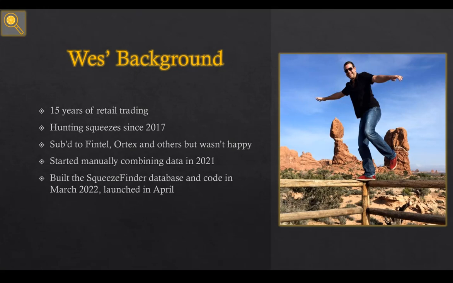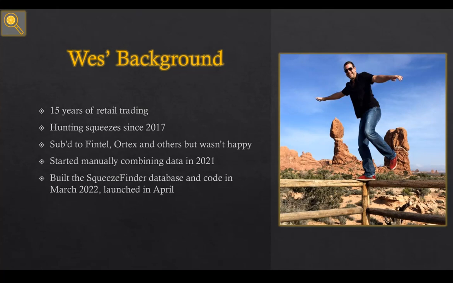So I've used Fintel and Ortex and a couple of others that have watch lists and have all the short interest data and stuff, but they all kind of lacked in one area or another.